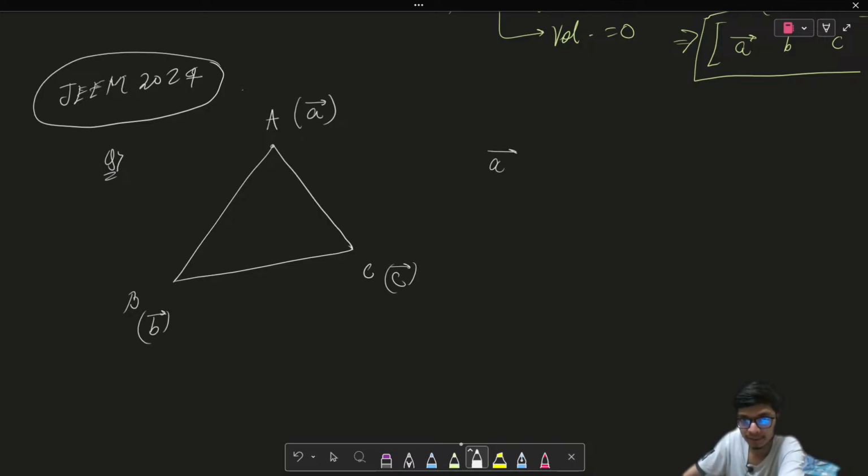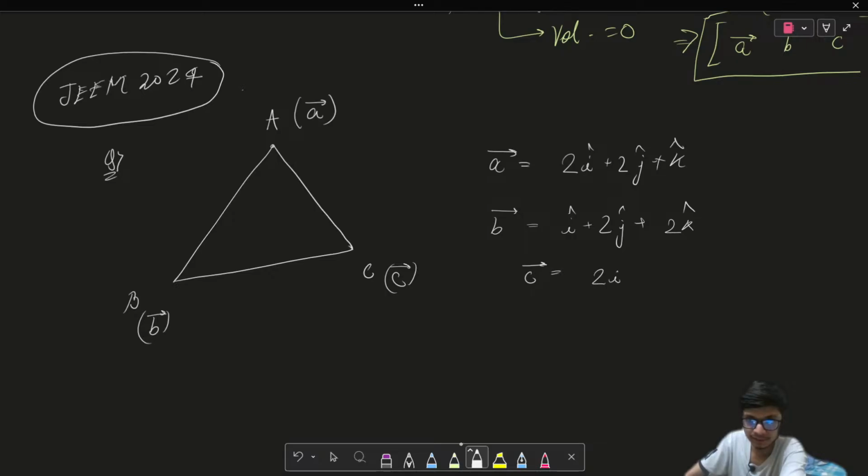A vector is given as 2i cap plus 2j cap plus k cap, B vector is given as i cap plus 2j cap plus 2k cap, and C vector is given as 2i cap plus j cap plus 2k cap. This is already given in the problem.